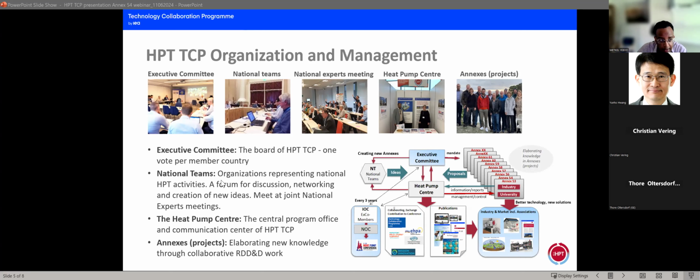And within the HPT TCP, we have the Heat Pump Center. This is the central program office and communication center for all the activities within the HPT TCP. And one of the pillars or backbones of the HPT TCP are the annexes, or the international collaboration projects.